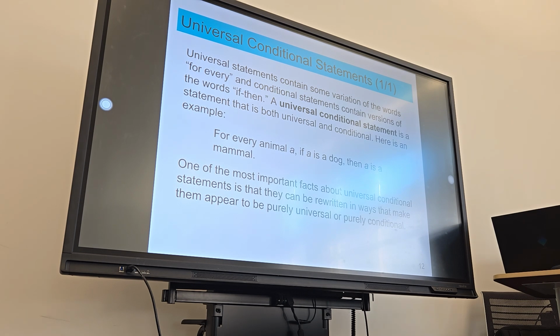So, like, for every animal A, if A is a dog, then A is a mammal. It's universal because "for every animal" is universal, and "if A is a dog, then A is a mammal" is a conditional. So it's a compound statement.